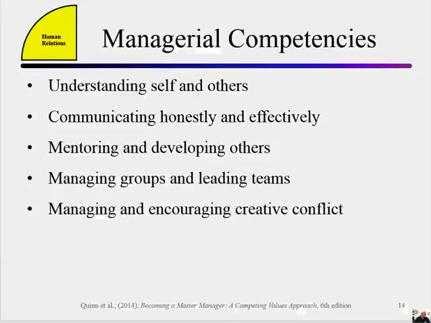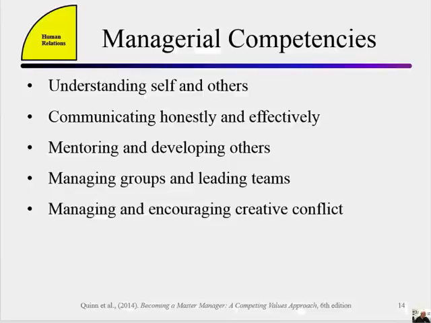Mentoring and developing others is important. You want to care about other people. You want to care about their career progression. You want to make sure that they're enjoying their work. And if they're not enjoying their work, how that can be changed. Managing groups and leading teams. You have to have this empathy for knowing how teams work and how groups work and how to get the best from them.